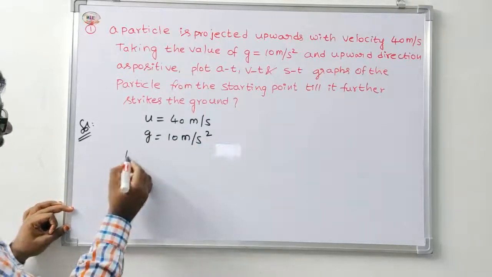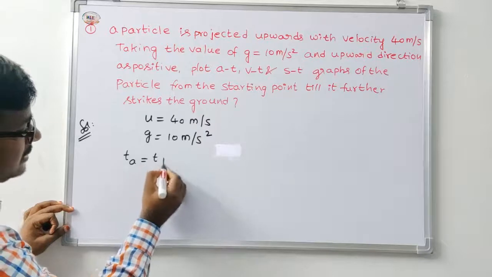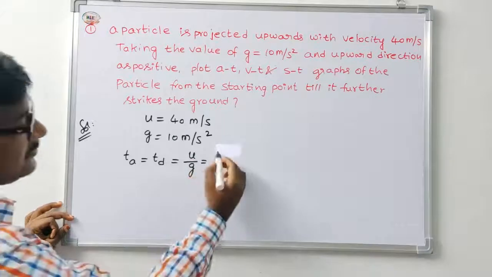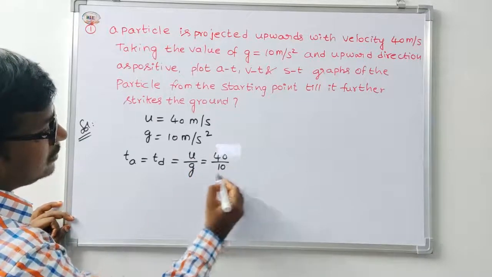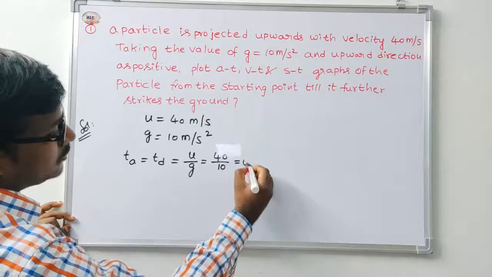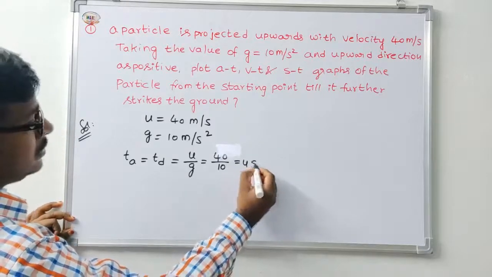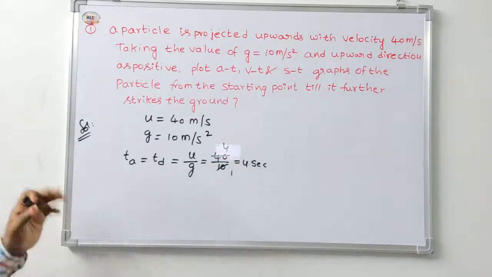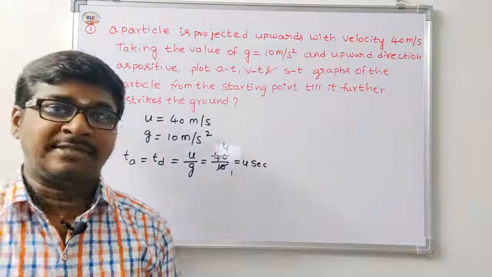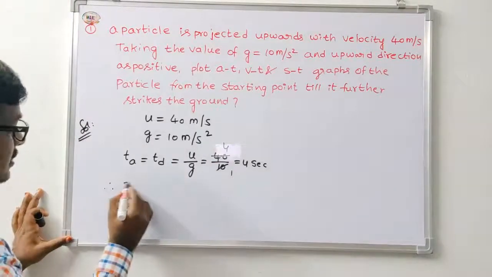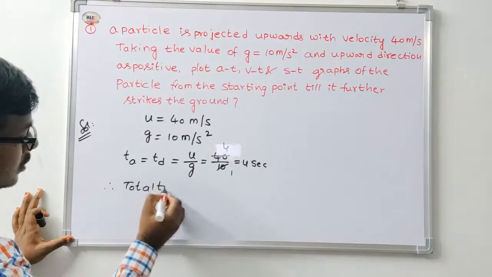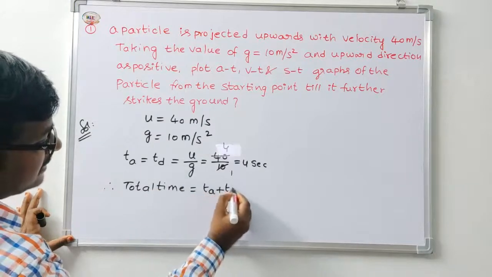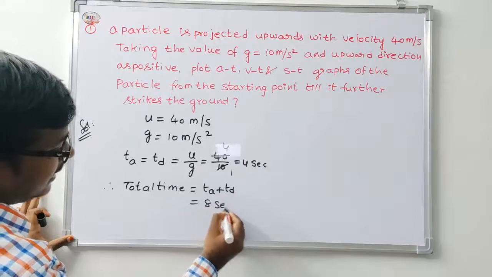Time of ascent is equal to time of descent, that is equal to u by g, 40 by 10, that is equal to 4 seconds. Therefore, total time is equal to TA plus TD, that is equal to 8 seconds.